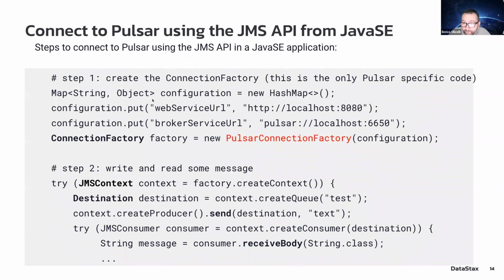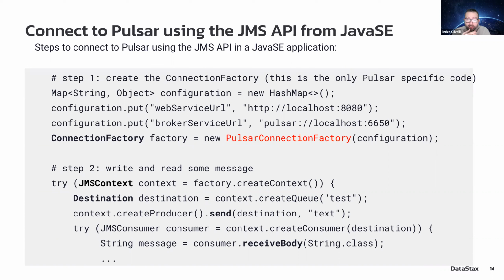Let's see some code. Here we have a typical JMS client application with standard Java, no Java Enterprise, no Jakarta Enterprise. Basically, you have to get a reference to the connection factory. In this case, we are simply instantiating a Pulsar connection factory. You can get this connection factory from a JNDI registry, for instance, but you can build it simply by instantiating it.